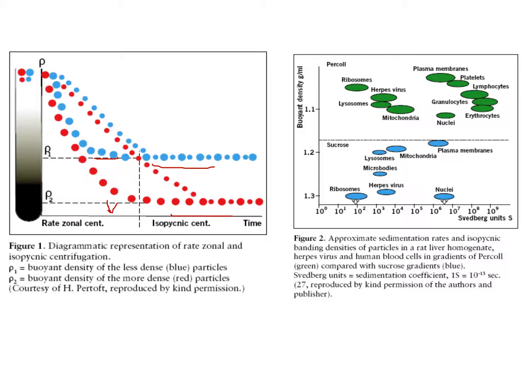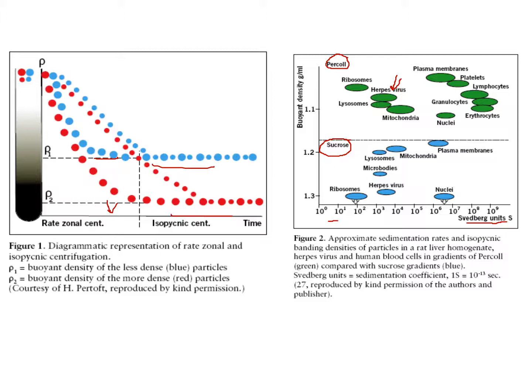And so here's buoyant density of things like the viruses for us. This is the dense Svedberg unit, so this is lighter, and this is the more dense here. Okay, so you can start separating. There's a gradient called Percoll, which is artificial, and a lot of labs just use sucrose because it's cheap.